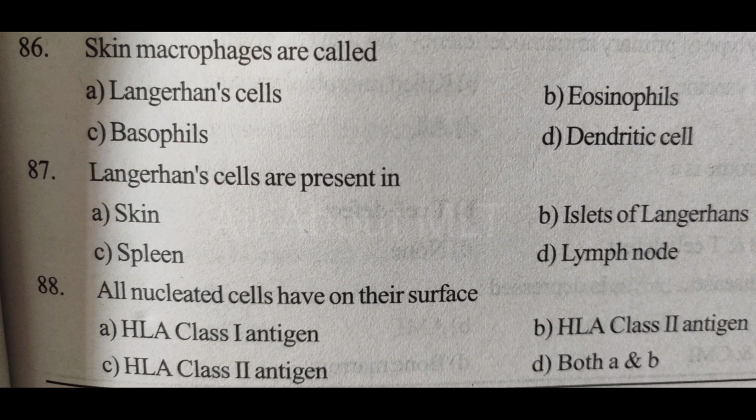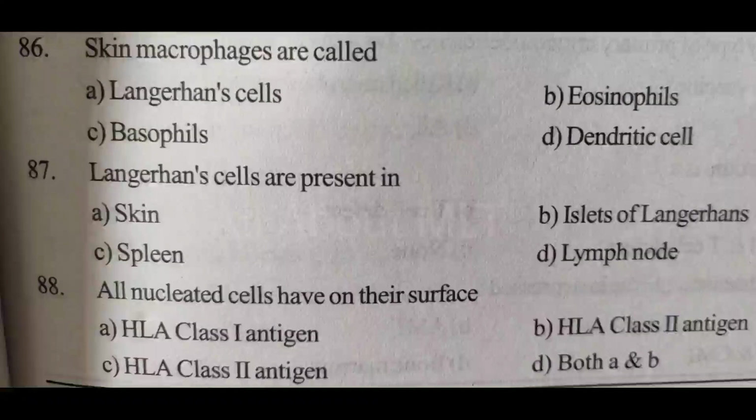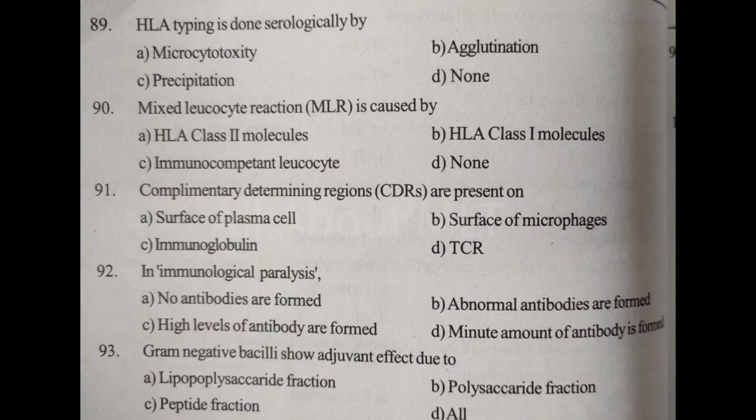All nucleated cells have on the surface: option A HLA class 1 antigen, option B HLA class 2 antigen, option C HLA class 2 antigen, option D both A and B. Answer is option A HLA class 1 antigen. HLA typing is done serologically by: option A microcytotoxicity, option B agglutination, option C precipitation, option D none.